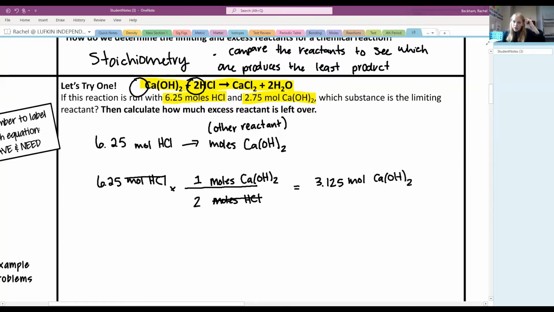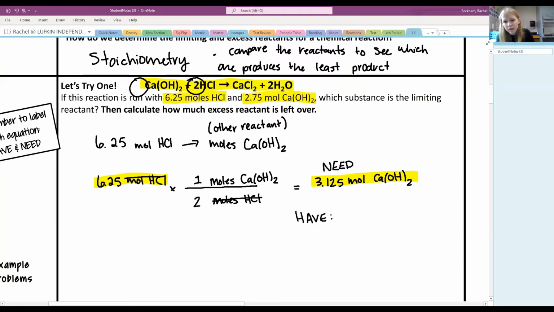Okay, so here's where I need you to apply your thinking, all right? What this is saying is that if you have this much HCl, you will need this much calcium hydroxide. This is what we need, okay? So now, how much calcium hydroxide do we have? Go ahead and write that down.